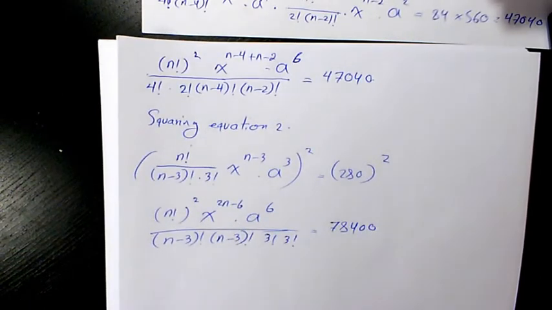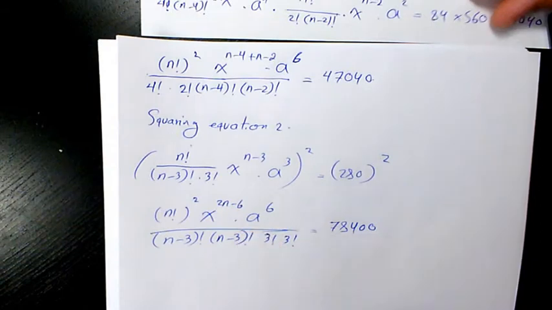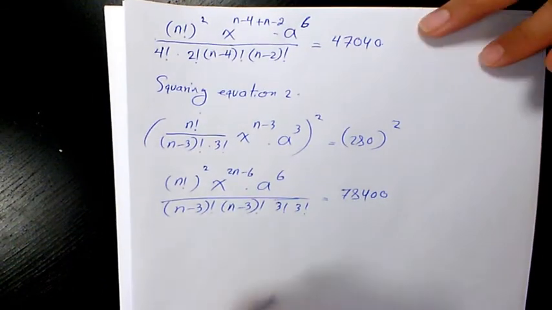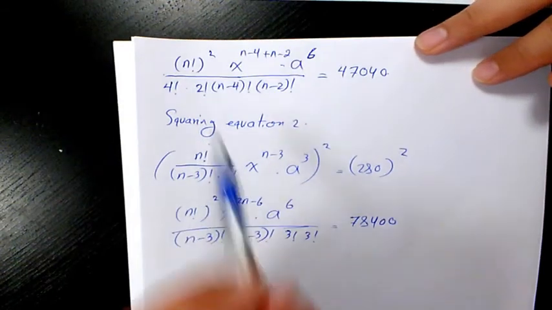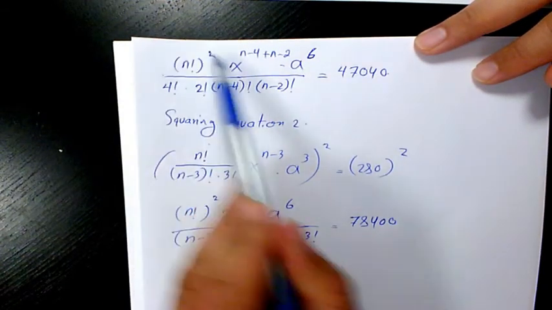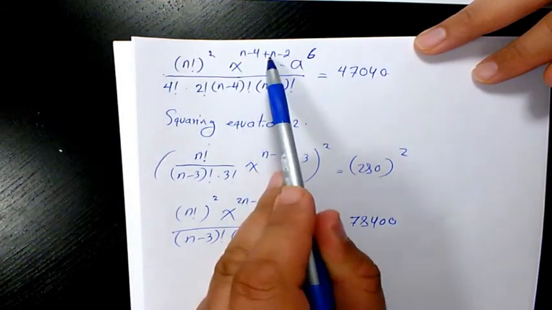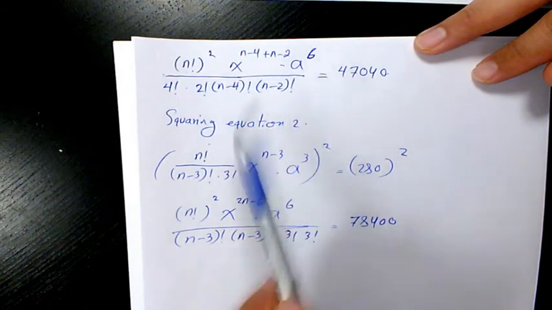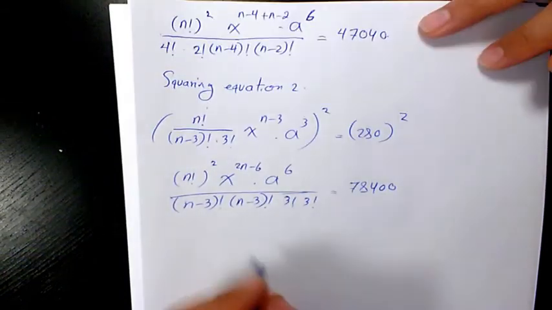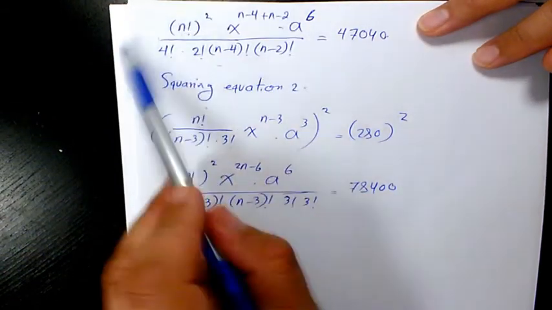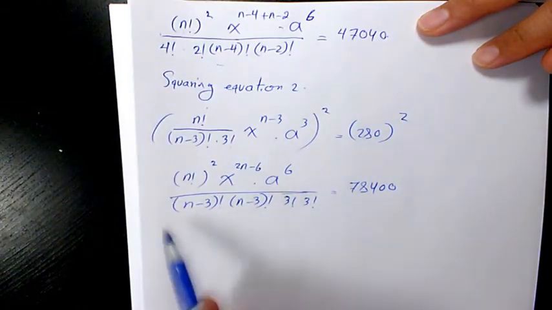Now, if we divide this one by this one, let's have n factorial squared, x to the power of 2n minus 6, a to the power of 6. These two are equal. The numerator is equal, but the denominator is different, so when you divide this one by this one, it goes up.